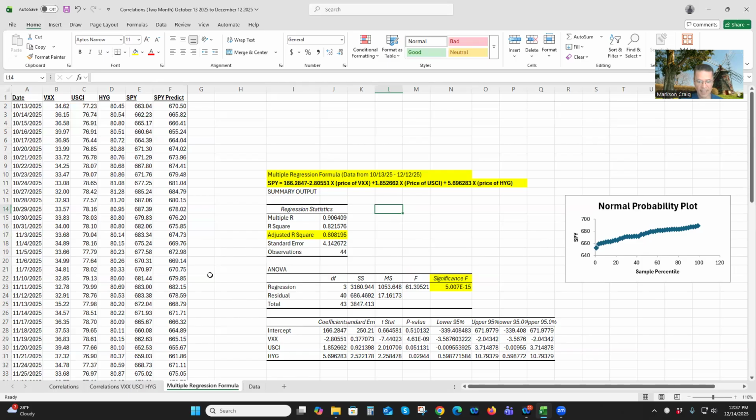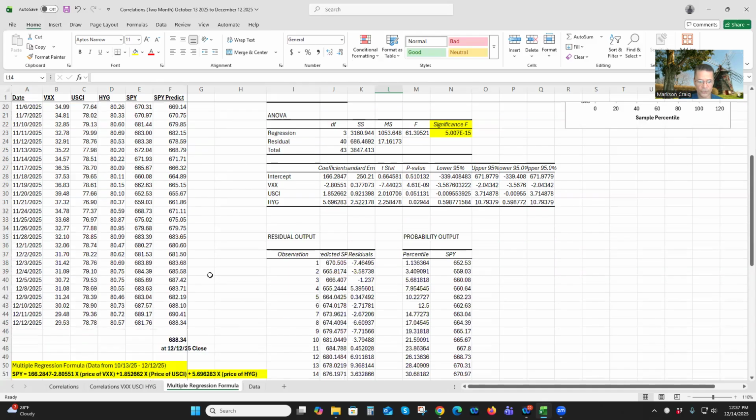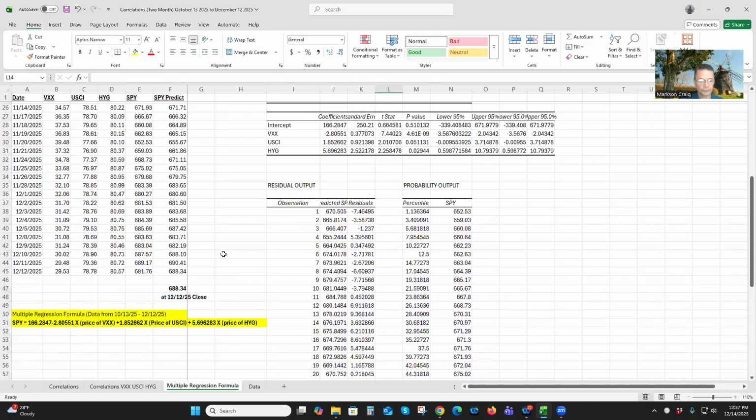Okay, I ran this formula at the close on December 12th, 2025. Again, here is the formula again.